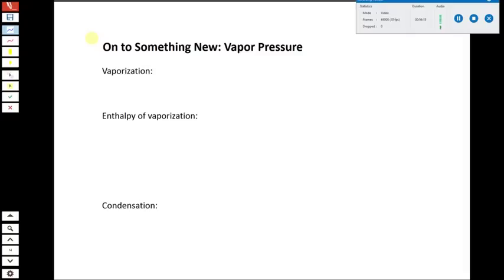All right, so we're going to talk about vaporization. We're going to introduce that definition first, and that's the process of converting a liquid to a gas. We did introduce phase changes at the very beginning to sort of prime you for a lot of things we're talking about in this chapter. The process of converting a liquid to a gas is called vaporization.